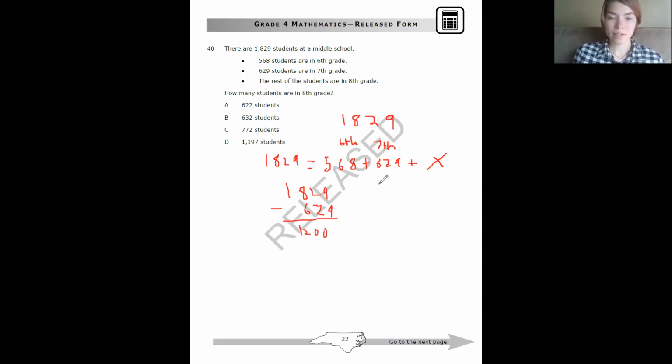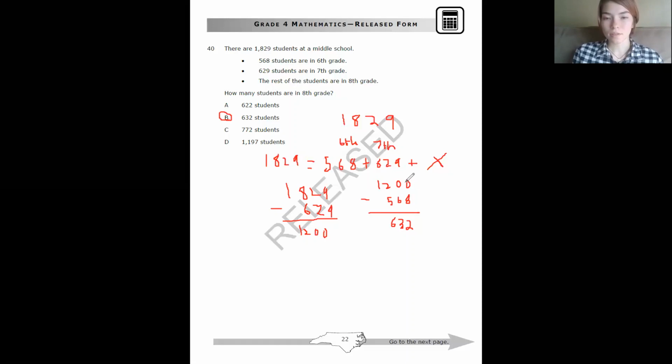And then if we subtract 568 from 1,200, we're going to be left with 632. So our answer here is going to be B, 632.